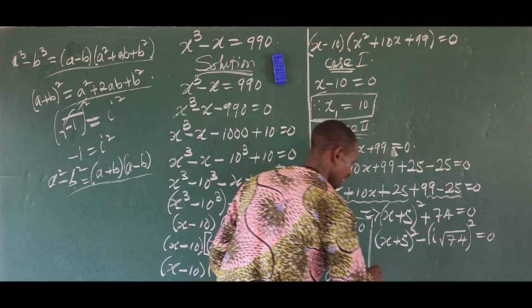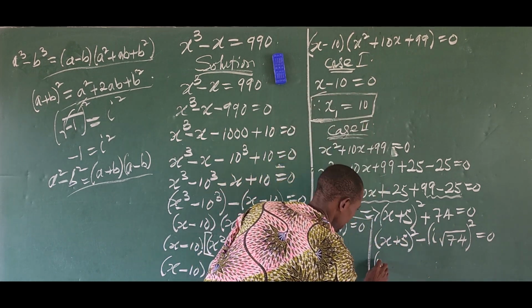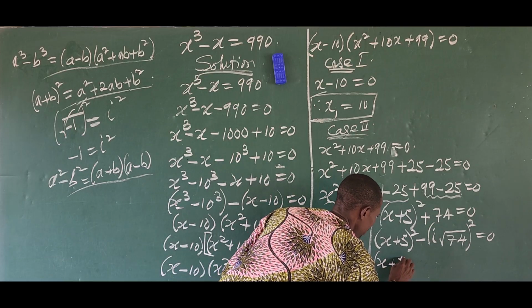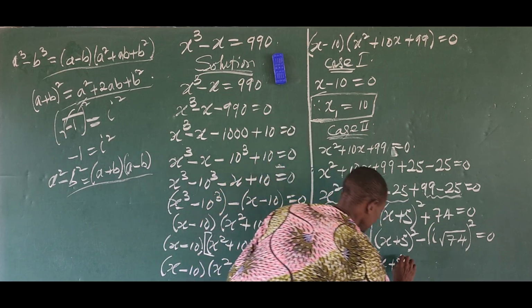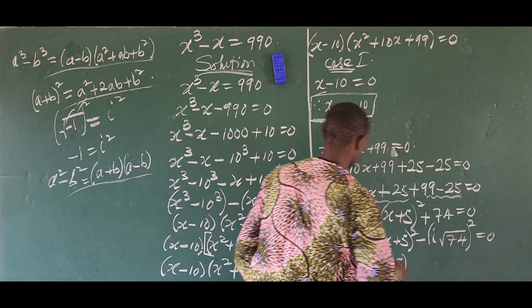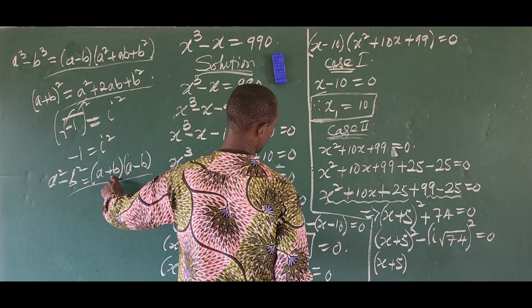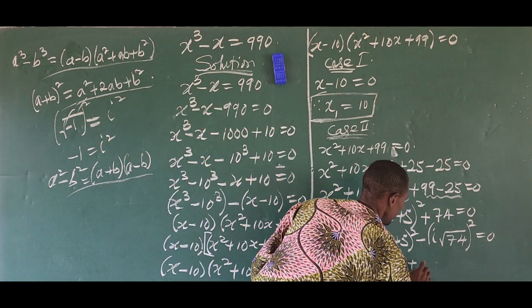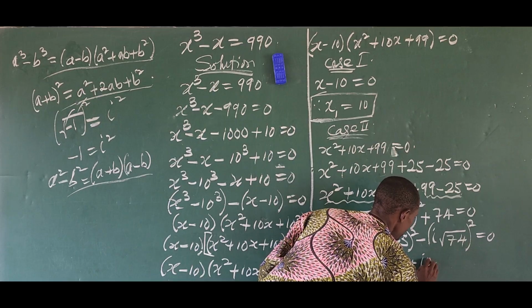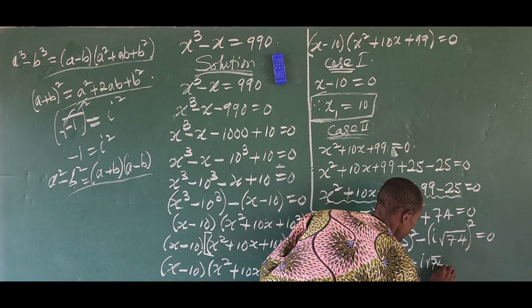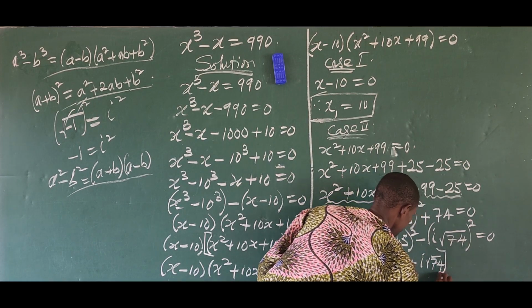So we can rewrite this as bracket open, (x plus 5), close bracket, then the first one here is going to give us plus. So we have here plus iota root 74, and we put this in bracket.